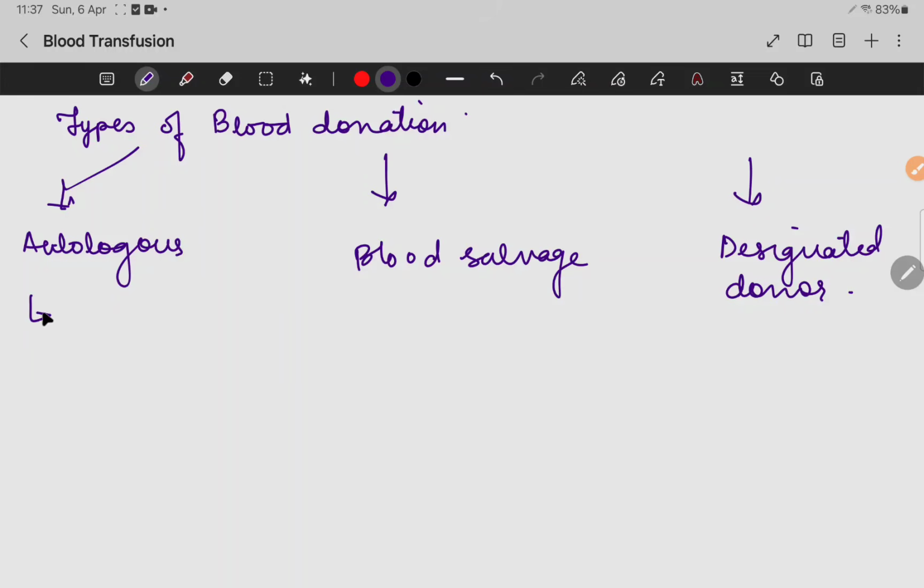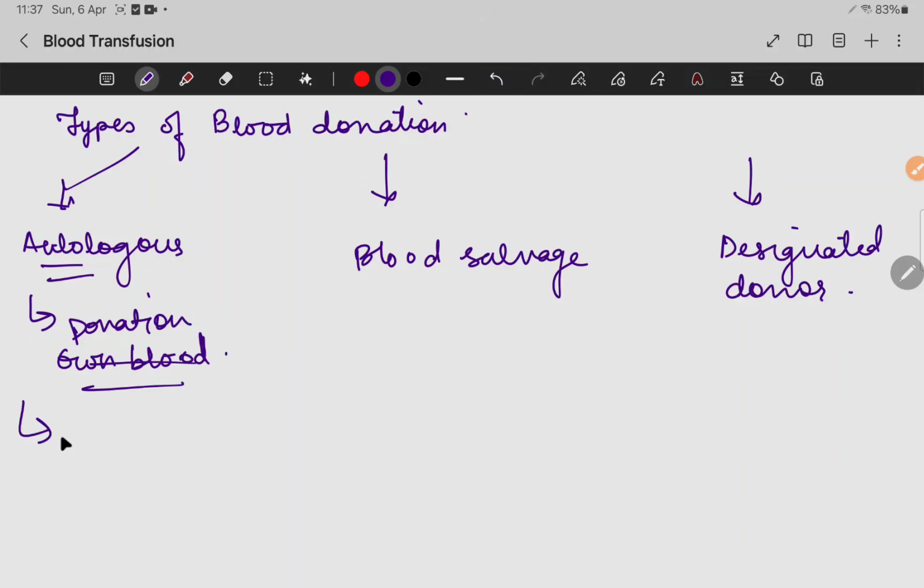So in autologous, the name itself tells us that it is the donation of the client's own blood. It is collected before any scheduled procedure and then given back to the client.